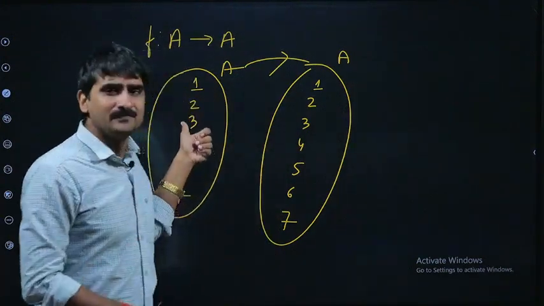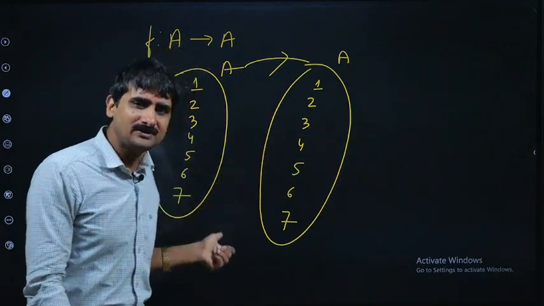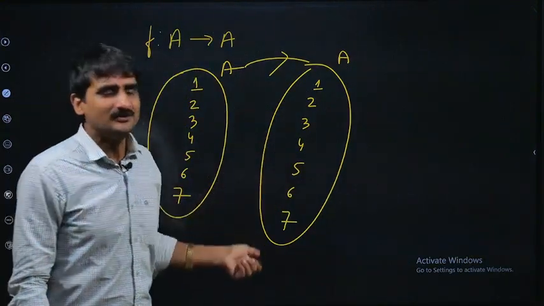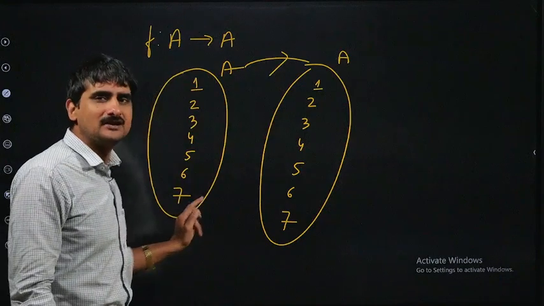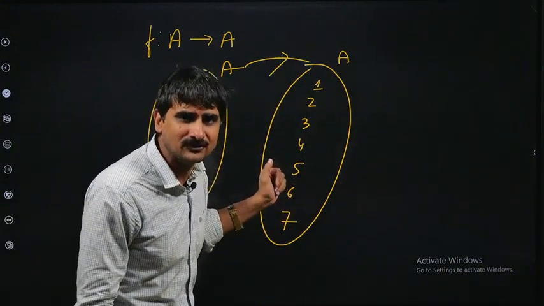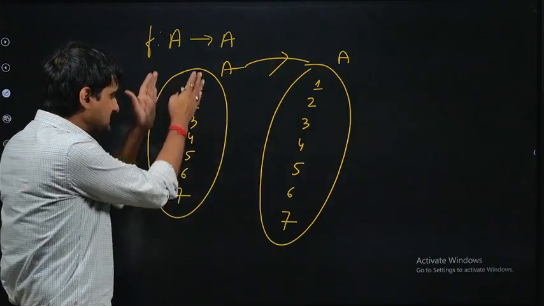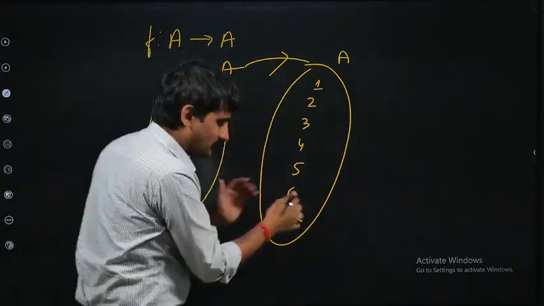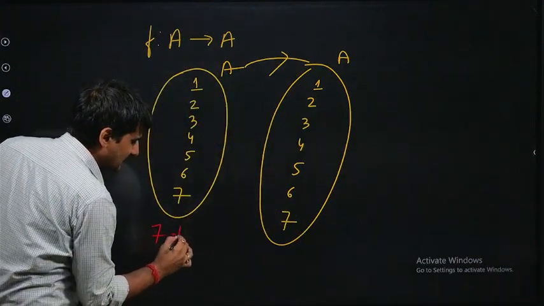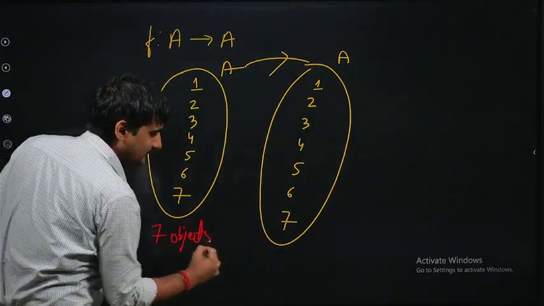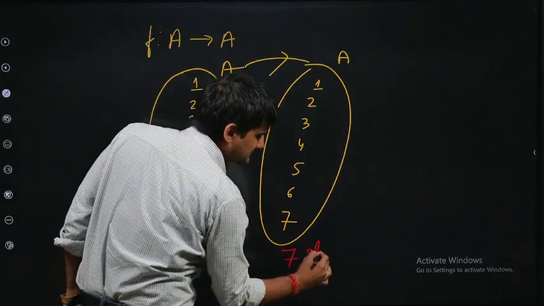For every input, exactly 7 inputs and 7 possible outputs. No input can be left out and none of the outputs can be left out. You can look at it as 7 distinct objects and 7 distinct slots.